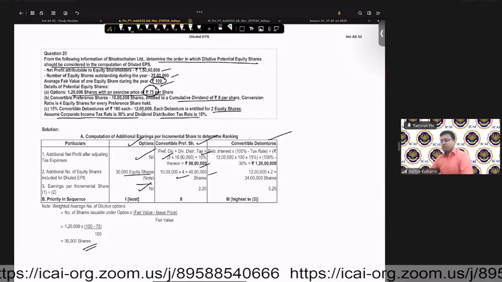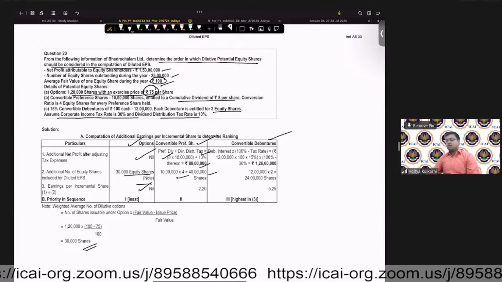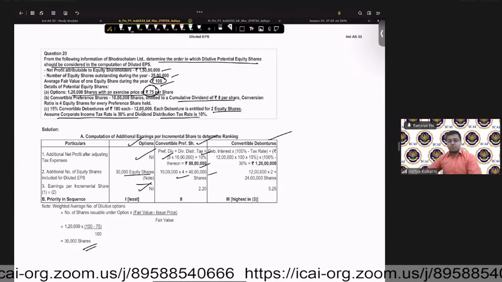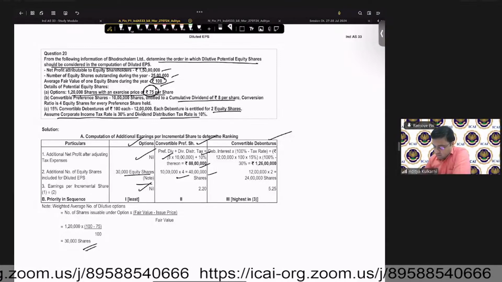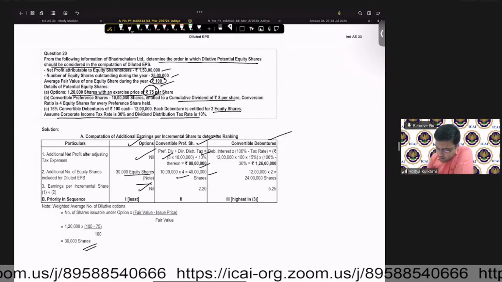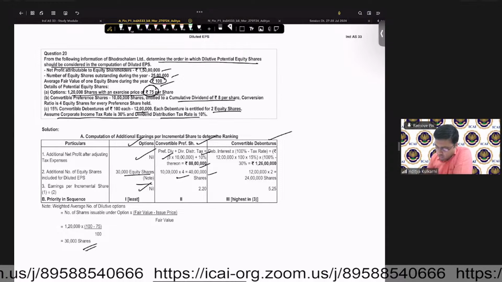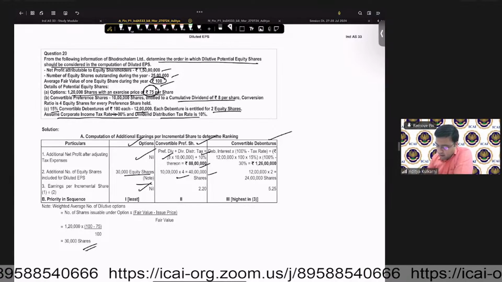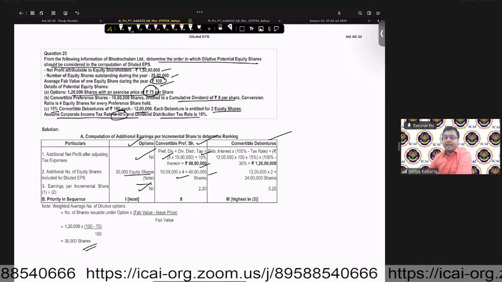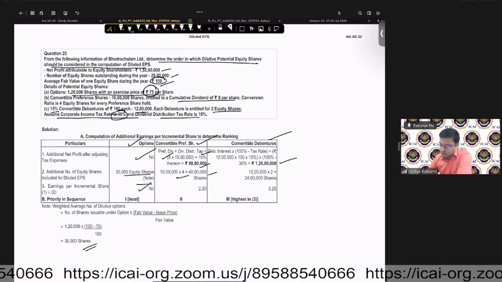So 88 by 40 comes to 2.2. Coming next to convertible debentures, you have 12 lakh debentures of rupees 100 each into 15% into 100 minus 30%, net of tax. So that comes to 1.26 crores.